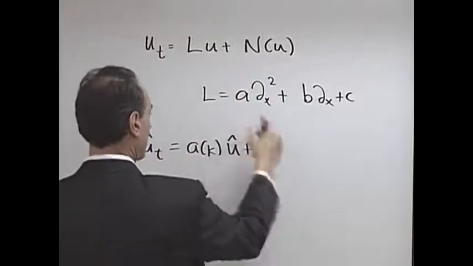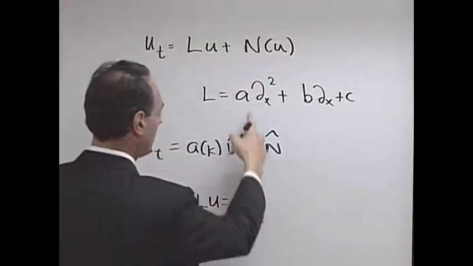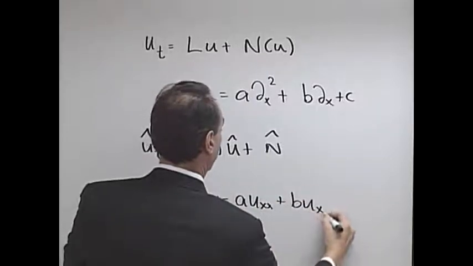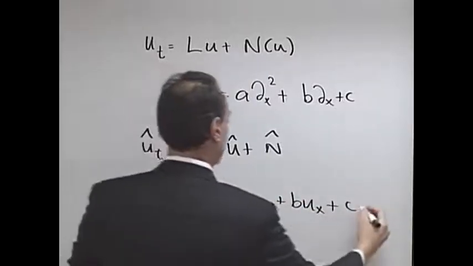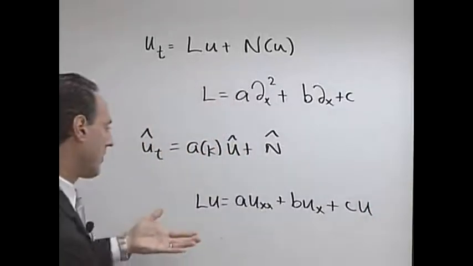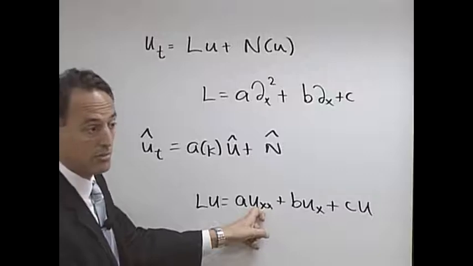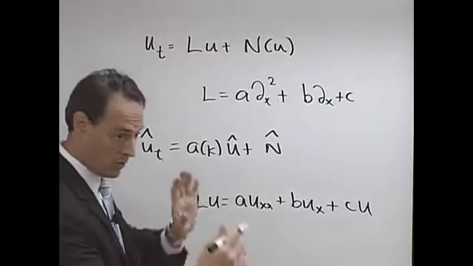Well, if I Fourier transform Lu, Lu is a times two derivatives of x, plus b times one derivative of x, plus c times u. And then you say, if you Fourier transform that, what happens to derivatives? Two derivatives pull out an ik, and you square them.